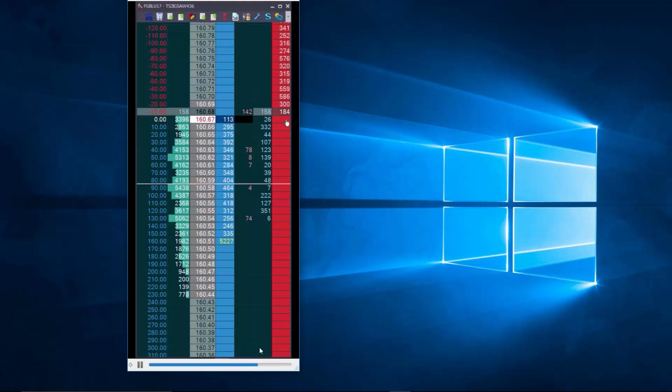Not a good position to be in when we're testing highs. PriceSquawk reminding us that there's been some volume at these prices.